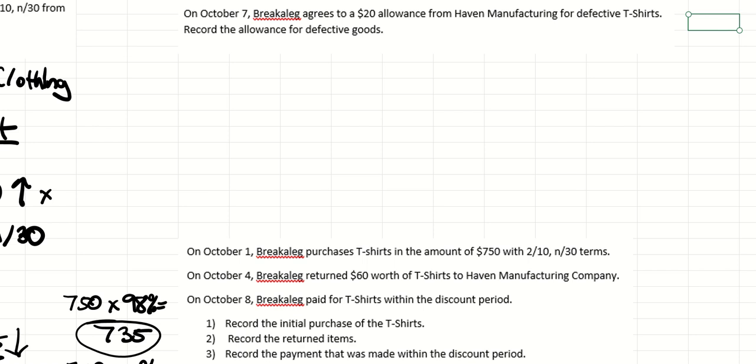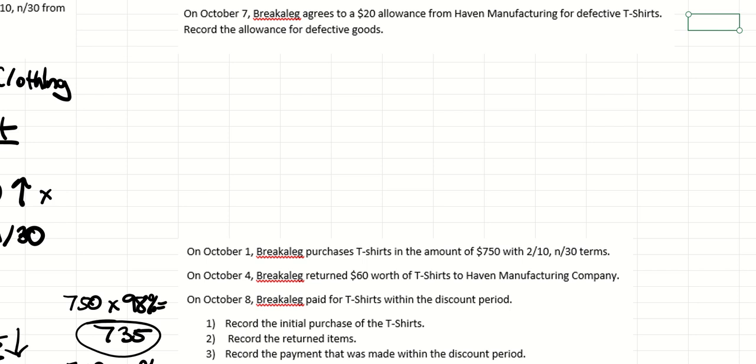That way, that will reduce your payment amount on either the current order that was made or even future orders. That's going to depend on the buyer and seller's agreement. So that can happen. So that's an allowance.